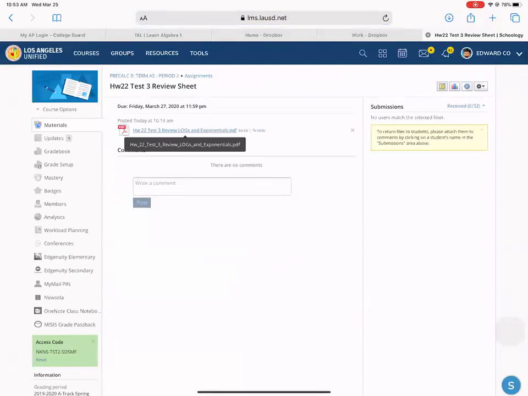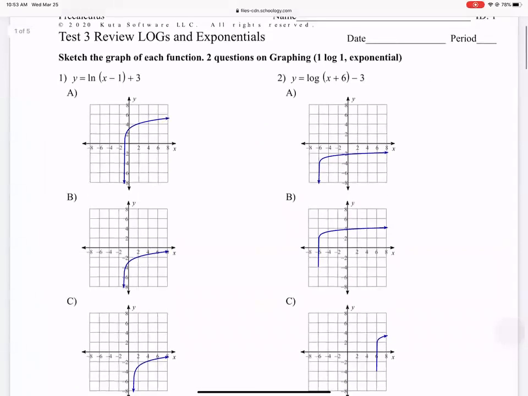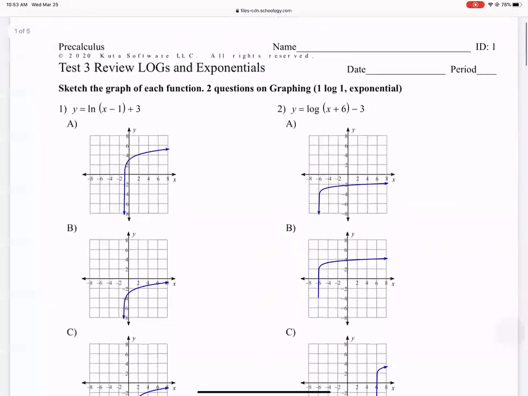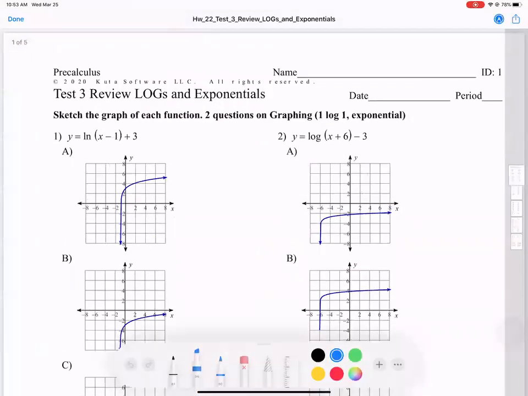Let's go ahead and view the PDF. Okay, look, we have natural log and log problems. Let's mark it up.